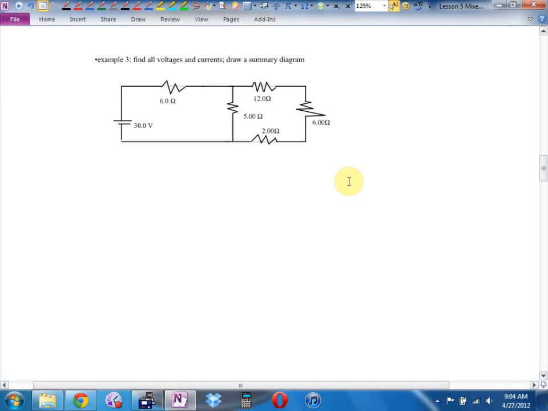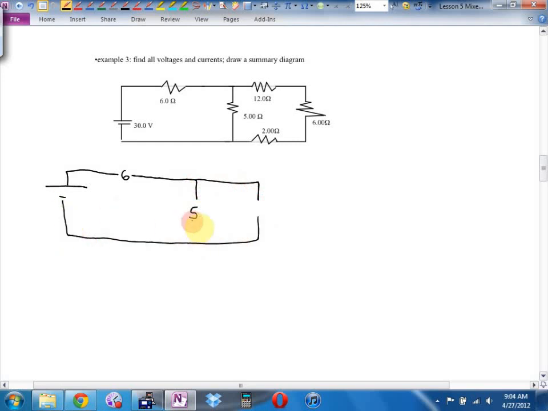I think the sketch is going to have a 6 ohm resistor there, a 5 ohm resistor there. What can you tell me about these three here? Series or parallel?